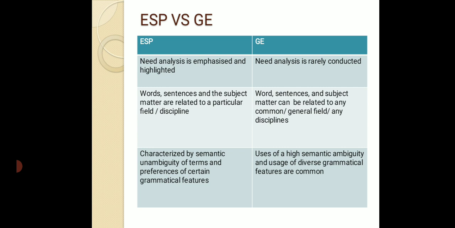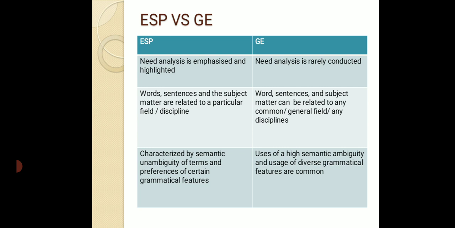And then in ESP, the words, sentences, the theme, the subject matter are related to a particular field or discipline. So, like what I said before, when we are talking about business English or English for business, then the words, sentences, the subject matter, the materials that we are presenting to the students will relate more to business and business activities.